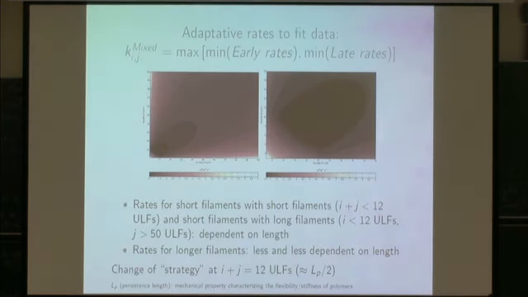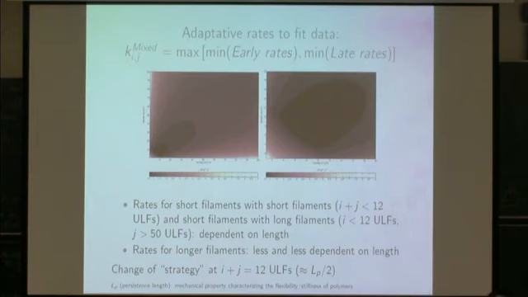I'm going to define short filament after, and it's not my definition, it's something appearing from here. I'm going to have a size dependence on the rate. When I have longer filaments, the dependence on the size is going to fade. And in fact, what we observe when we look at the rate is a kind of change of strategy for the rate of association.